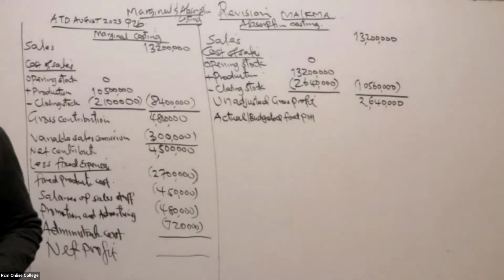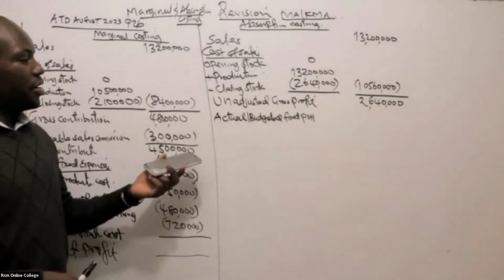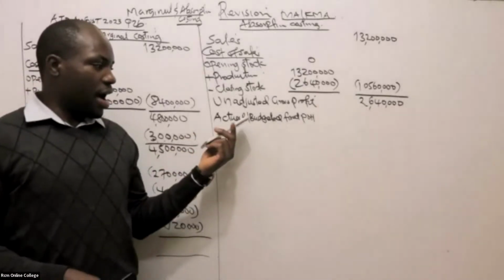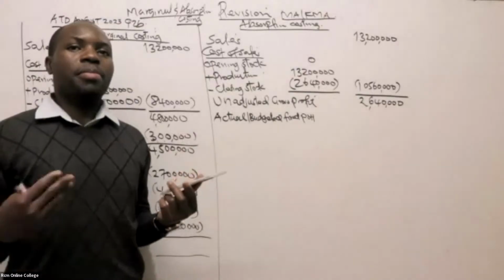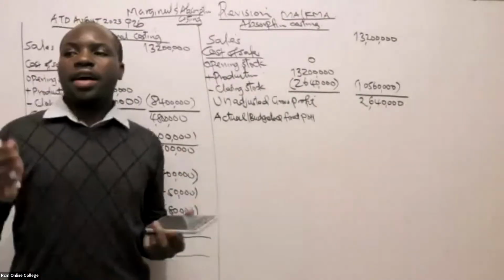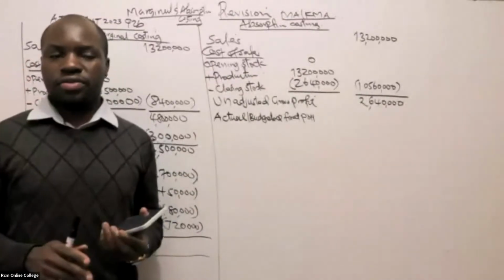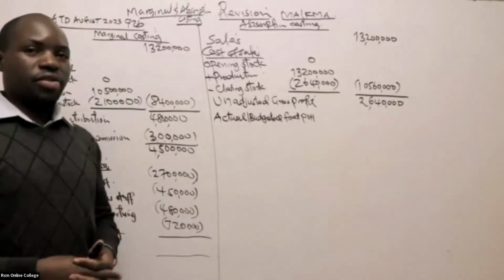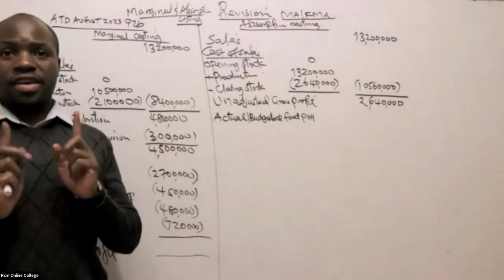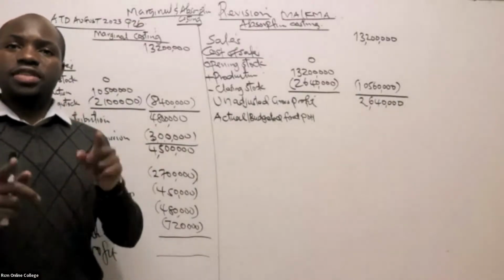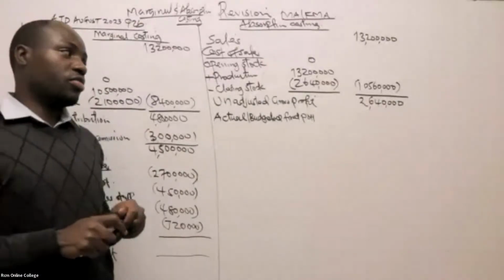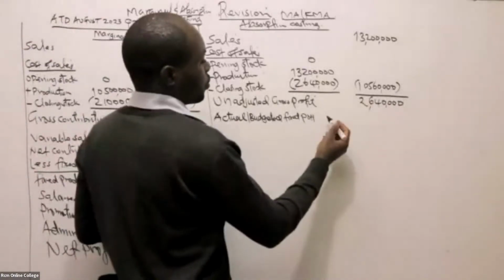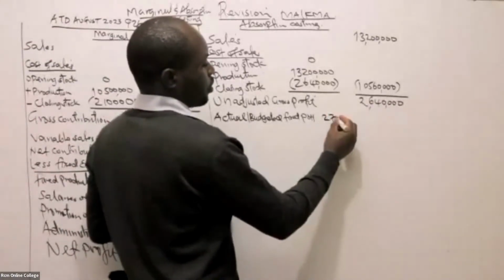If I don't have actual, that's when I will go for budgeted. But if I have the two, I simply go for actual. Do we have that in our question? We don't have actual. So what is given there is the budgeted, and that's what we now take in place of actual fixed production overheads.